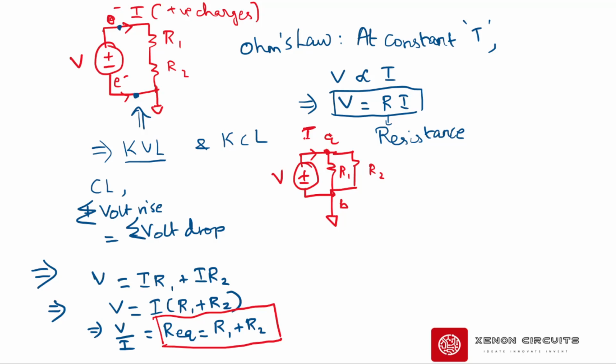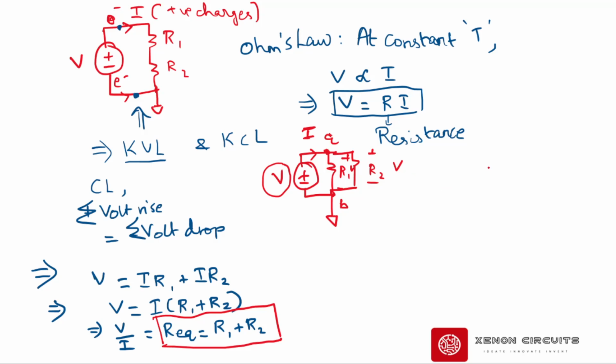So all these three elements, the battery and resistors R1, R2, are connected in parallel. We know that the voltage across this battery is V, and if elements are connected in parallel, then the voltage across all the parallel elements will be the same. So it would be V over here as well as over here.